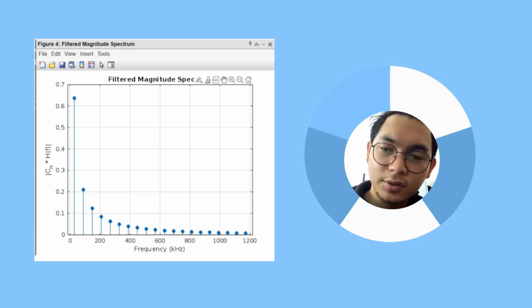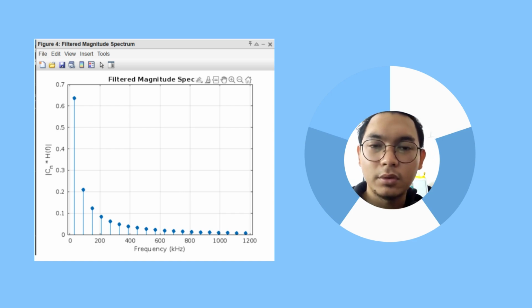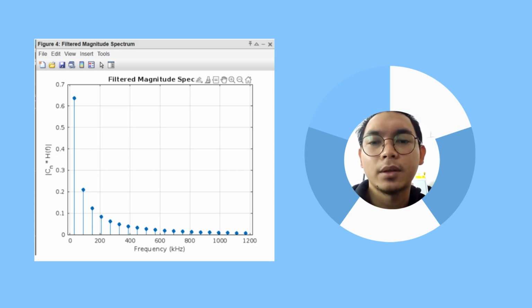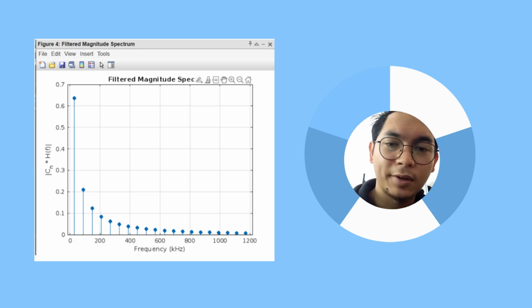The result is a smoother time domain signal with reduced sharp transitions, which we can visually confirm in the waveform after filtering. So this plot highlights how filtering impacts the signal's frequency content and supports the core principle of frequency domain signal processing.